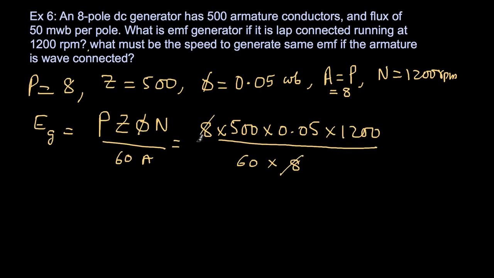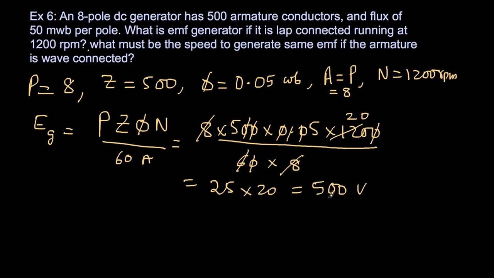So the 8 gets cancelled right away, and let me cancel this also. 6 twos are 12, so this will be 20. These 2 zeros will strike off the decimal point. So I have 5 into 5 into 20, that is 25 multiplied by 20, so this is 500 volts. The EMF generated is 500 volts.